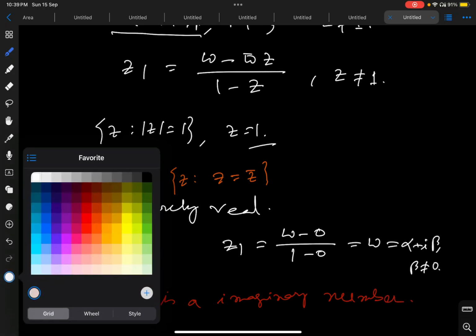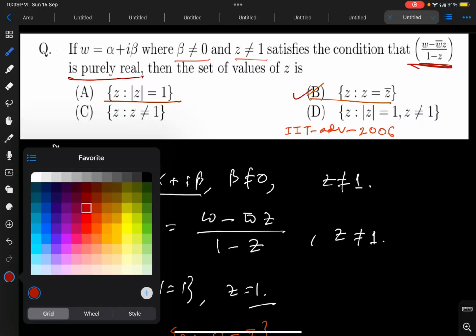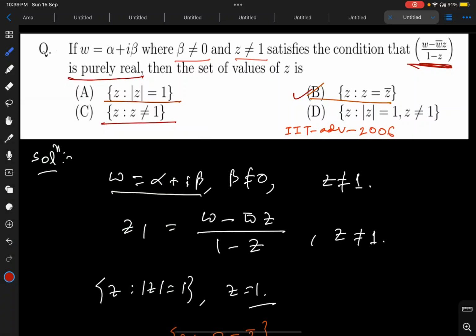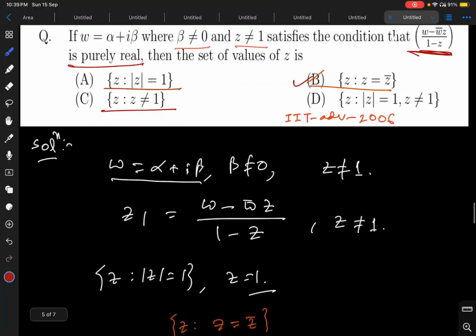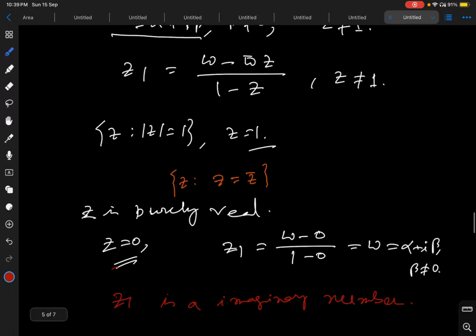Now students, we will go for the other options. In option C, look at the set of all numbers with z not equal to 1. We can use the same trick for option C. Since z is not equal to 1, we can assume z is equal to 0, and then clearly z1 becomes an imaginary number, which is a contradiction, as in the given statement z1 is purely real.